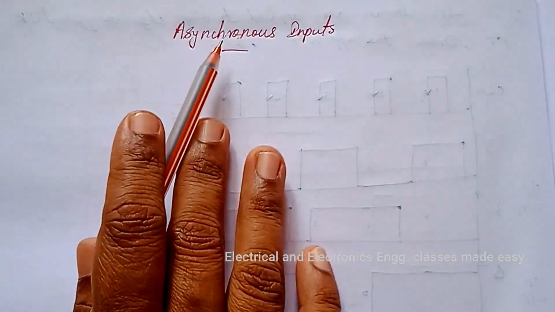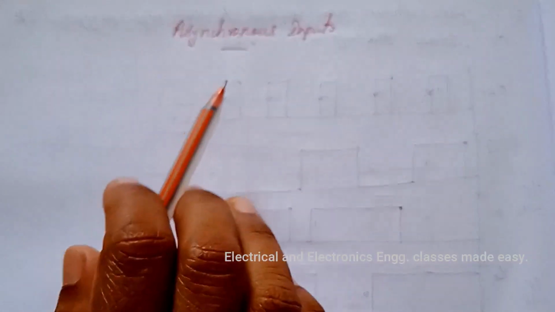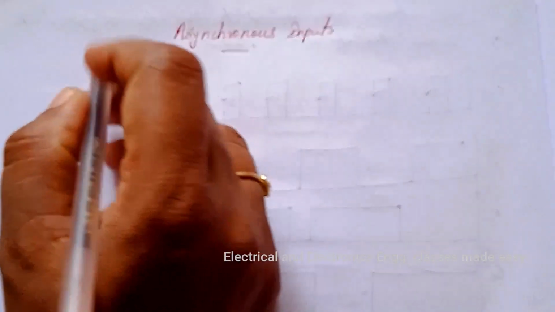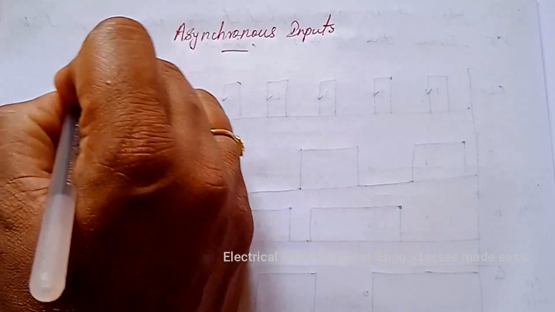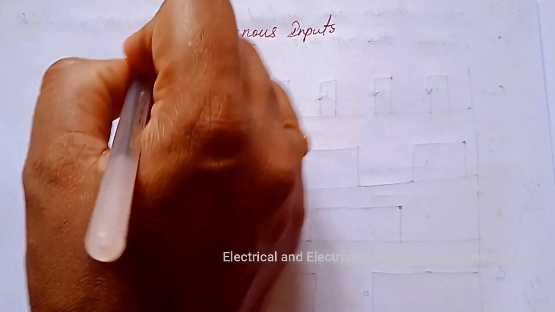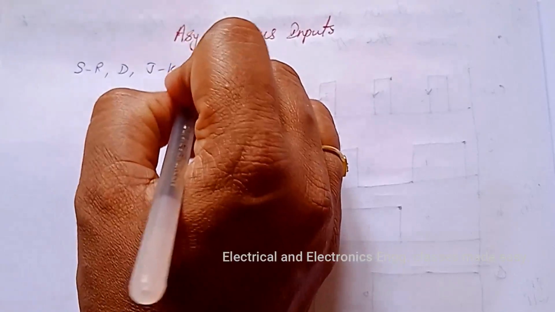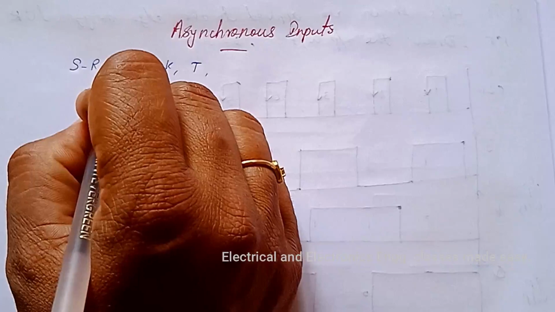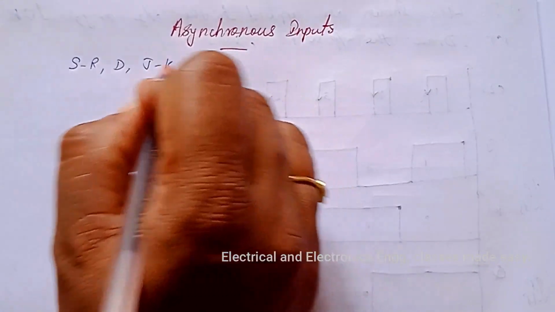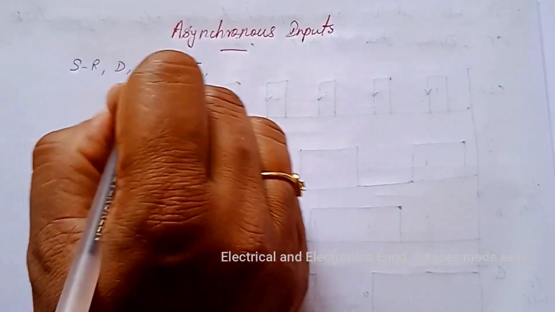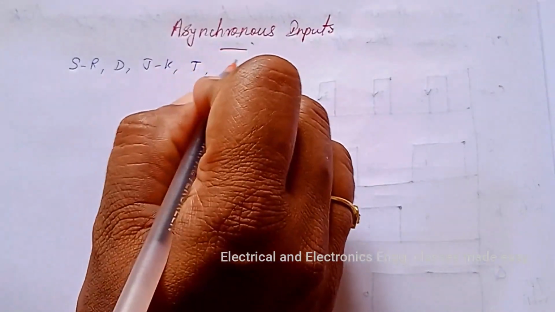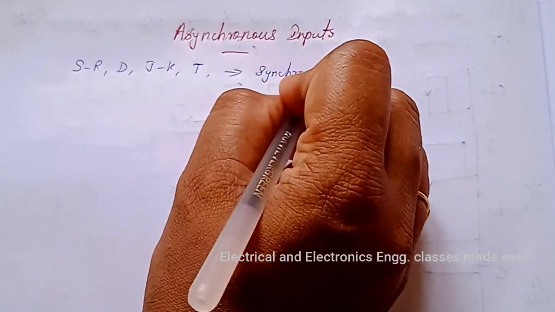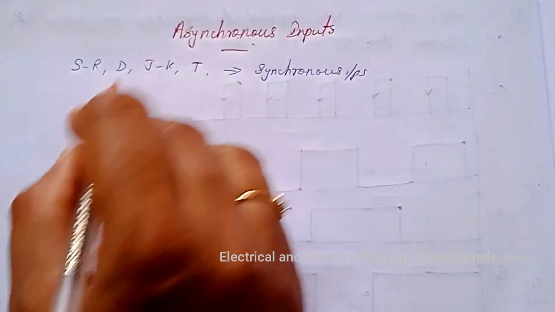Today's class is about asynchronous inputs in the case of flip-flops. So for the clocked flip-flops like SR, D, JK and T, the SR, D, JK and T inputs are called the synchronous inputs.